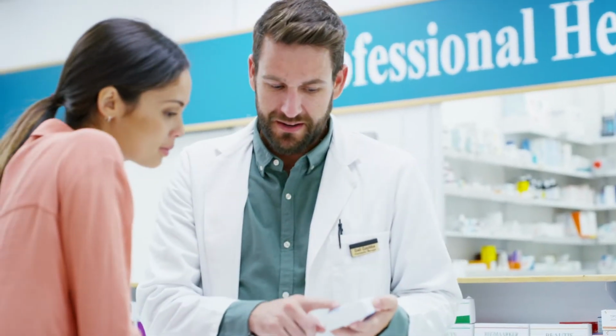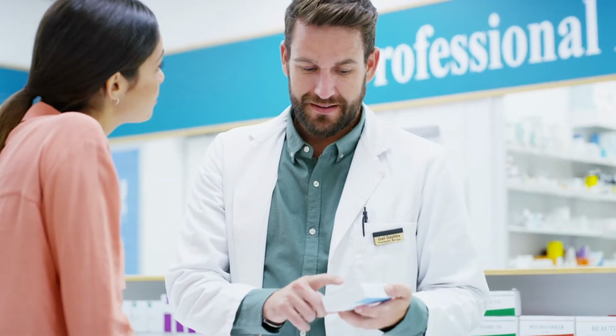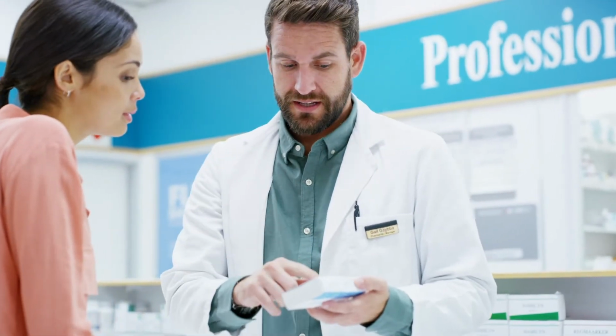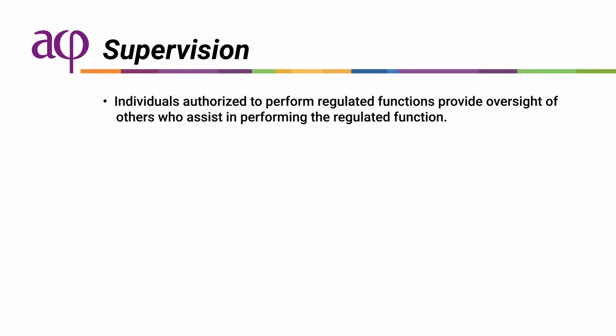Safe and effective pharmacy practice depends on the competence and effectiveness of regulated and unregulated pharmacy team members working within a system defined by policies and procedures that are consistently monitored to ensure that compliance occurs. Supervision is the means through which individuals authorized to perform regulated functions provide oversight of others who assist in performing the regulated function.